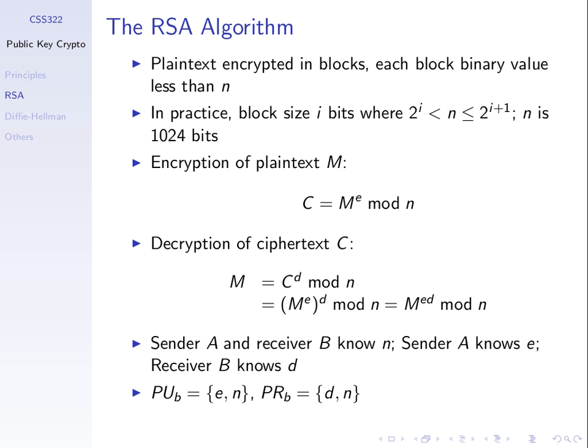This is if p and q are prime numbers. That is, we factor n, some number, into its primes. The totient of p times q is the same as the totient of p times the totient of q, which is p minus 1 times q minus 1, if p and q are prime numbers. We'll use that in a moment.